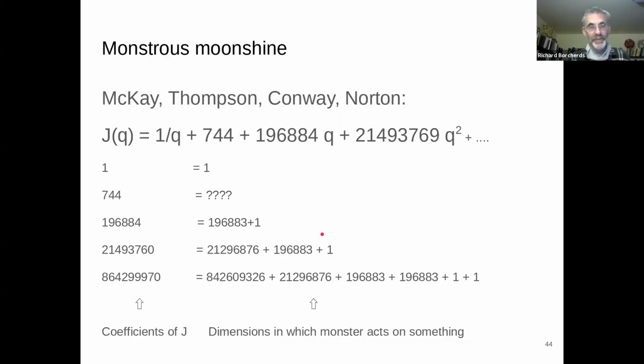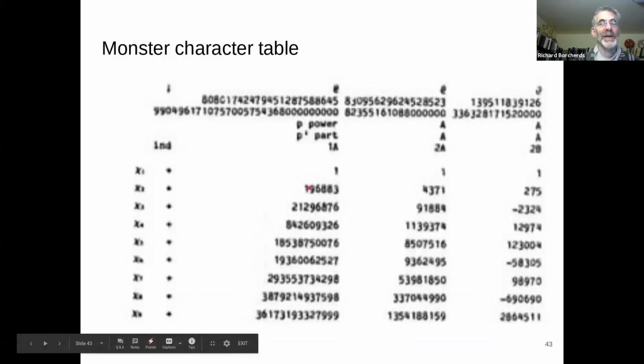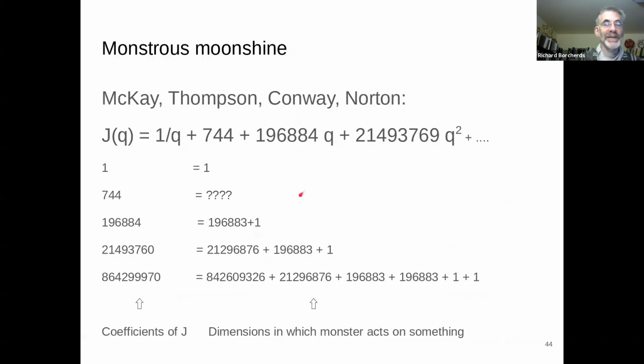Anyway, if you remember, the elliptic modular function had these coefficients, and it turns out the coefficients of the elliptic modular function are very closely related to the entries in this column of the monster character table. These are the dimensions the monster can live in. So the first row we get 196884, which is 196883 plus 1.